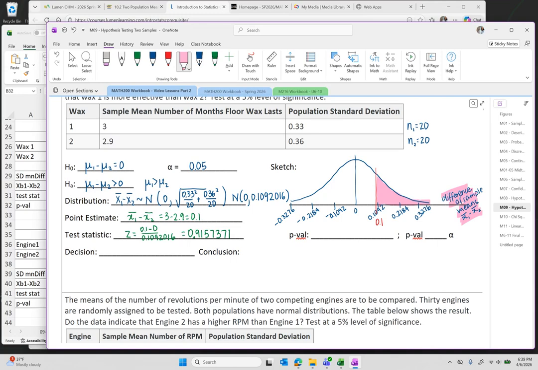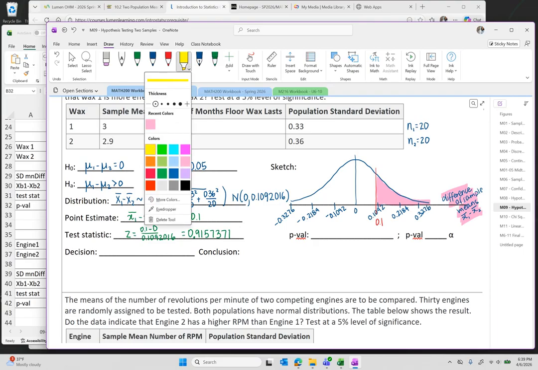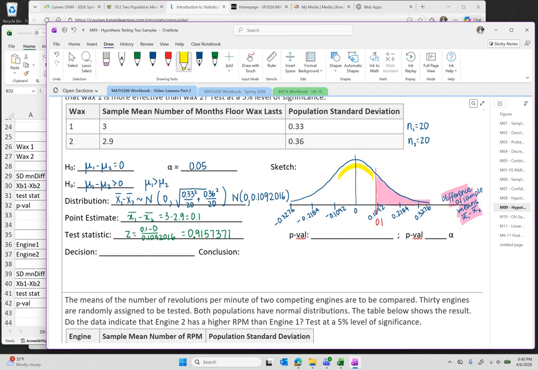The other option would be to use the mean of 0 and the standard deviation of this complicated square root, and then I could just use the normal distribution that is not standard to find the probability in the right tail. When I use Excel, Excel always finds the lower tail, so to find my p-value, I would have to subtract this probability from 1.